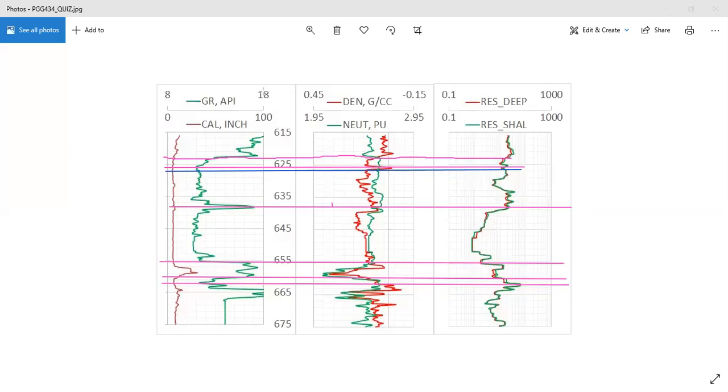So if you are looking at this, you are looking at from here. If I take it this way, the top of this sand is at what depth? 6.2. We can take it to be 623, isn't it? Yes, we can take roughly the top of the sand to be 623 meters, thereabout.